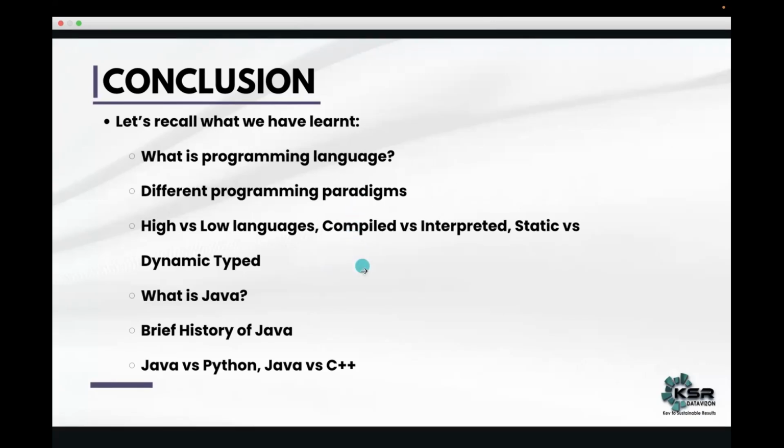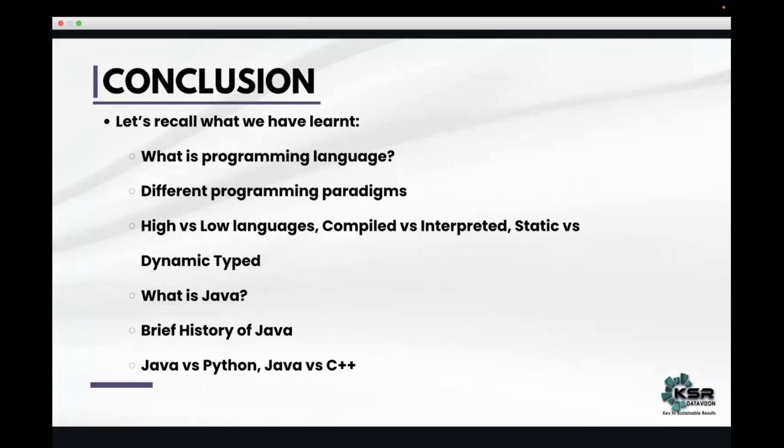Okay. Next, we have taken different features like whether it's high level, low level, compiled, interpreted, statically and dynamically typed languages, and we have classified languages based on that. So machine code and assembly code are low level languages. Java, C, C++, Python are high level languages. C, C++ are compiled languages.